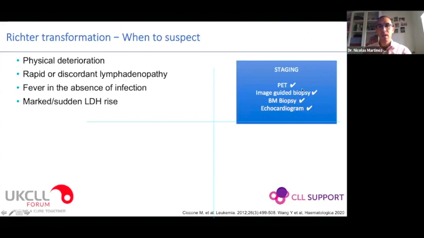And so what do you do? Well, you initially do a PET scan to look for a biopsy site, and do some image-guided biopsy, and a bone marrow biopsy, which is always useful. We were debating yesterday whether we do bone marrow in CLL or not.